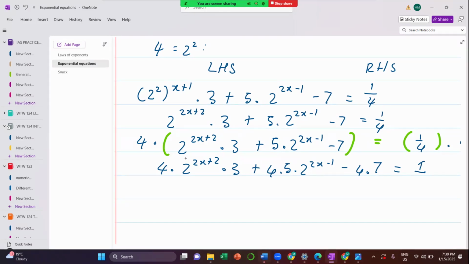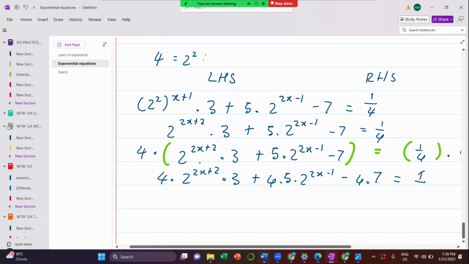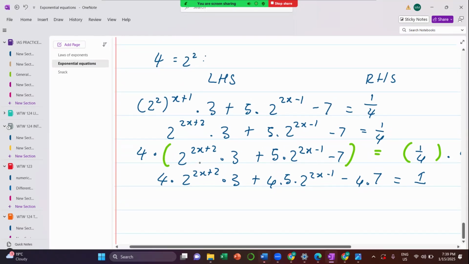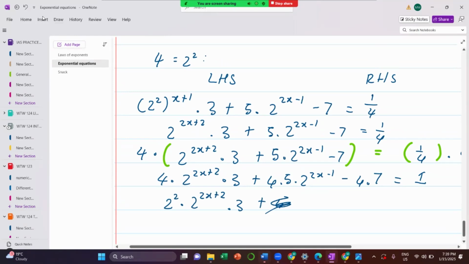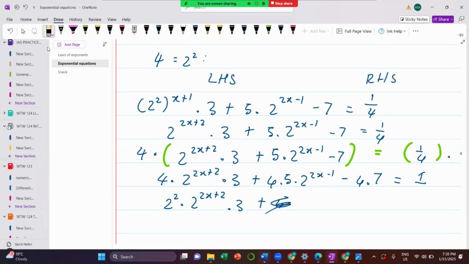Are we okay? Yes, sir. But remember, what did we say? We said 4 is equal to 2 to the exponent of 2, right? So that means that here I can just say 2 to the exponent of 2 times 2 to the exponent of 2x plus 2 times 3 plus, sorry, let me erase that.